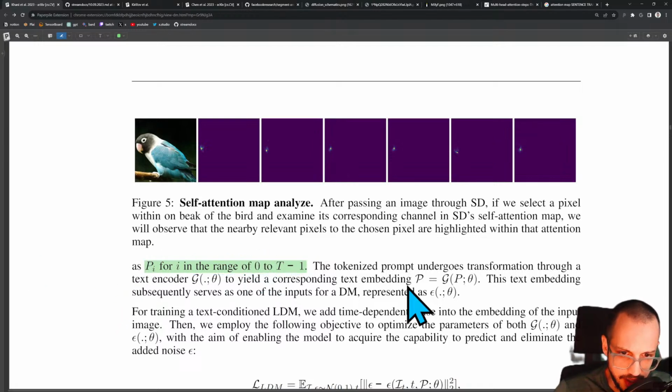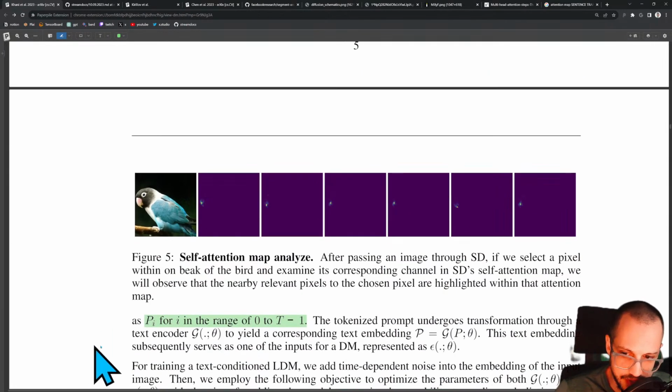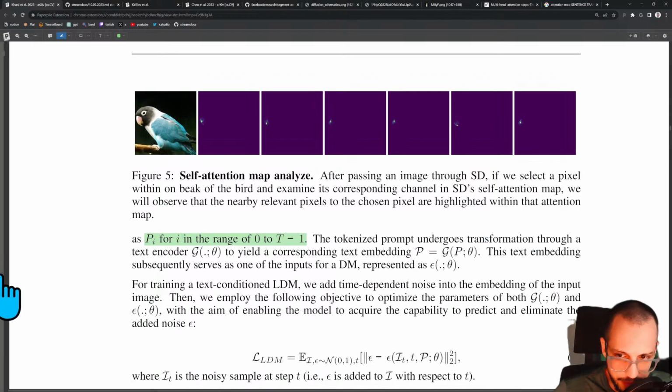But okay, so you have basically this sequence of tokens, and p_i represents the ith token in that sequence. The tokenized prompt undergoes transformation through a text encoder. So here's your text encoder, G theta. Theta is the parameters of that text encoder.